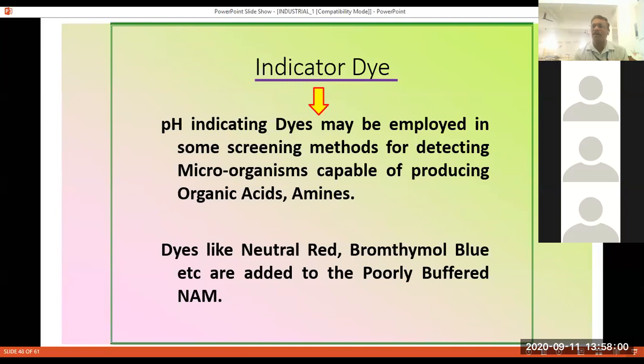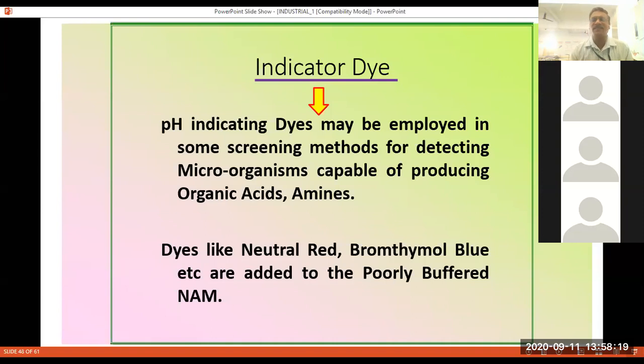It is very simple: by using a pH indicator or dye. They are employed in some screening methods for detecting microorganisms that have the capacity to produce organic acids or amines.